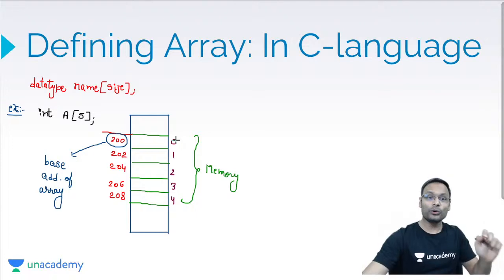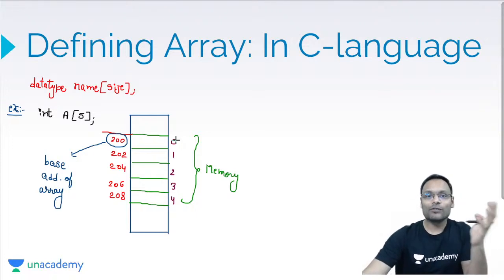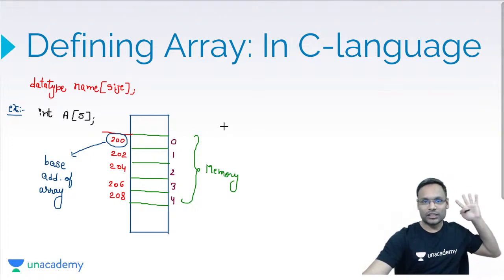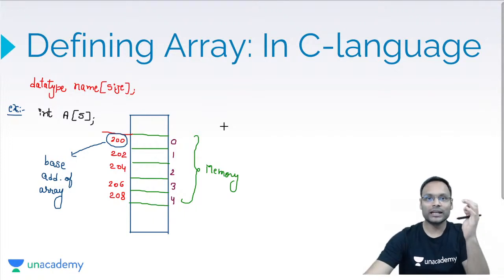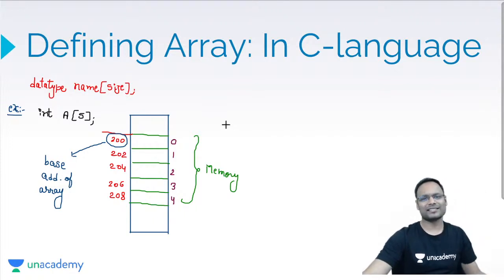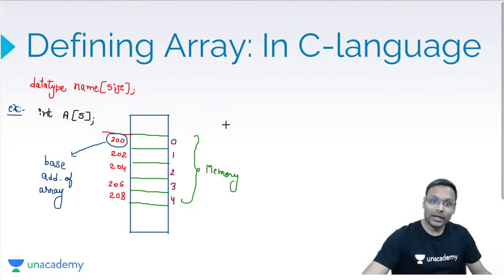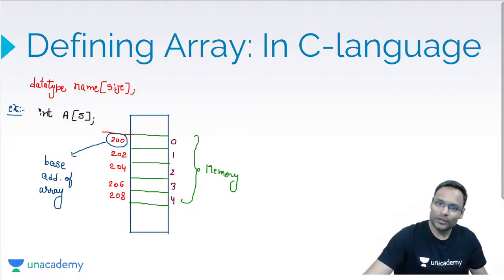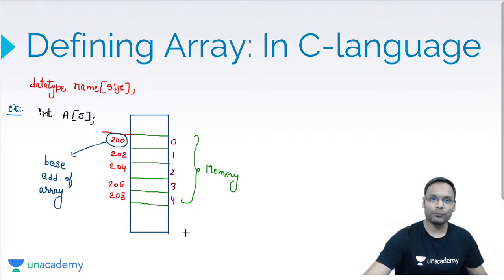Why 0 only? This was decided by the creator of C language, Dennis Ritchie. He decided that array indexes should start from 0 in C language. That's why the first element always has index 0, then 1, 2, 3, 4. If size is n, then indexes will be from 0 to n minus 1.